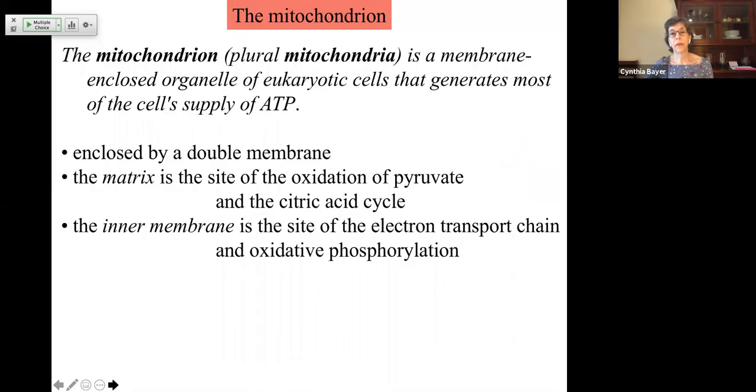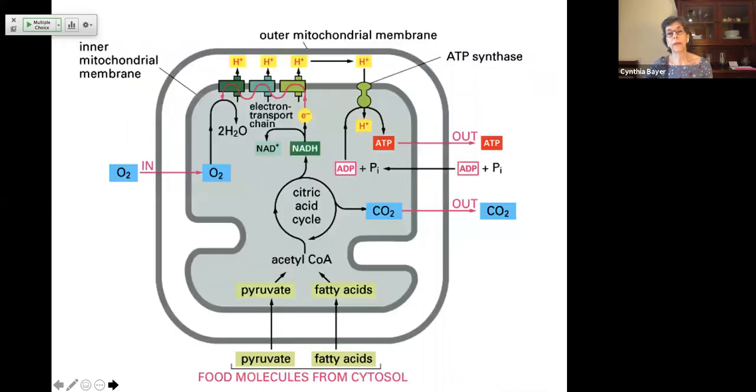So everything that's going to happen next, again, in the presence of oxygen, is oxidation of pyruvate, further oxidation in the citric acid cycle, all occurring within the matrix of our mitochondria. This is where we're going to end today, and this is where we'll pick up on Wednesday.